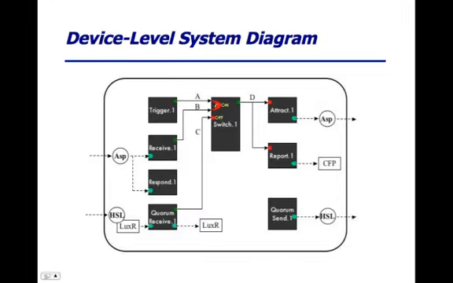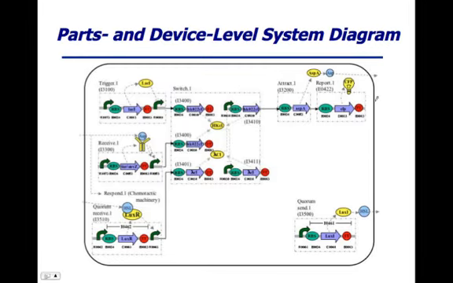And I'll just show you briefly that the IAP team did in fact give a device level system diagram to describe their Polkadorks system. They further broke those devices down into parts, so you can see within this framework now there are arrows to indicate promoters and green ovals to indicate ribosome binding sites, purple arrows for open reading frames, and then these red circles for transcriptional terminators.